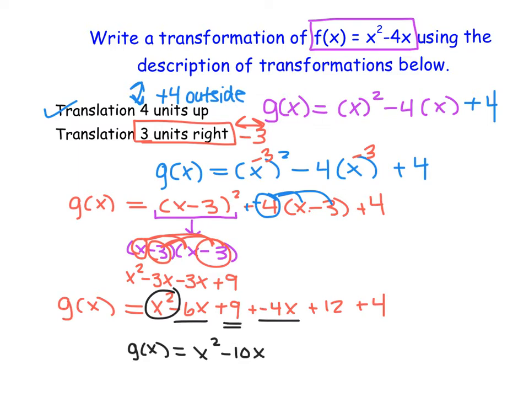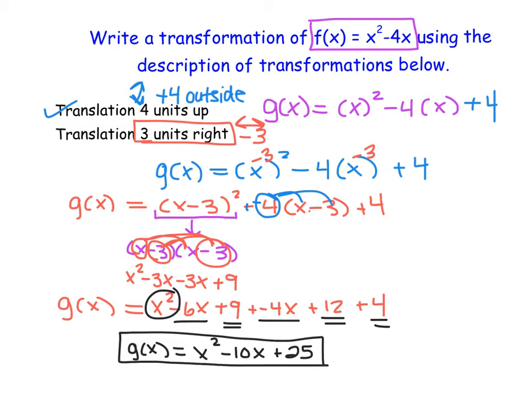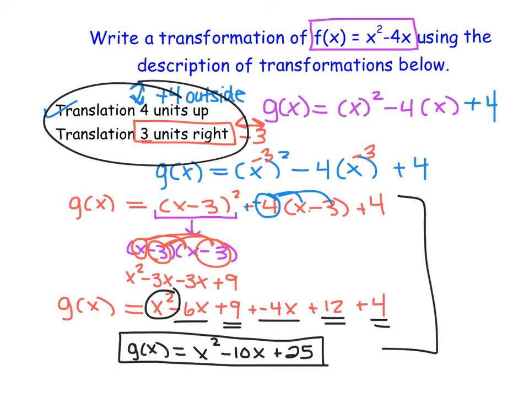And then I see 9 plus 12 is 21, plus 4 is 25. So I multiply that all the way out, and there I have my new standard form equation where I've performed these translations up here. So you can see the process is the same, but these do get a little bit more complex, especially when it comes to the rewriting at the very, very end.